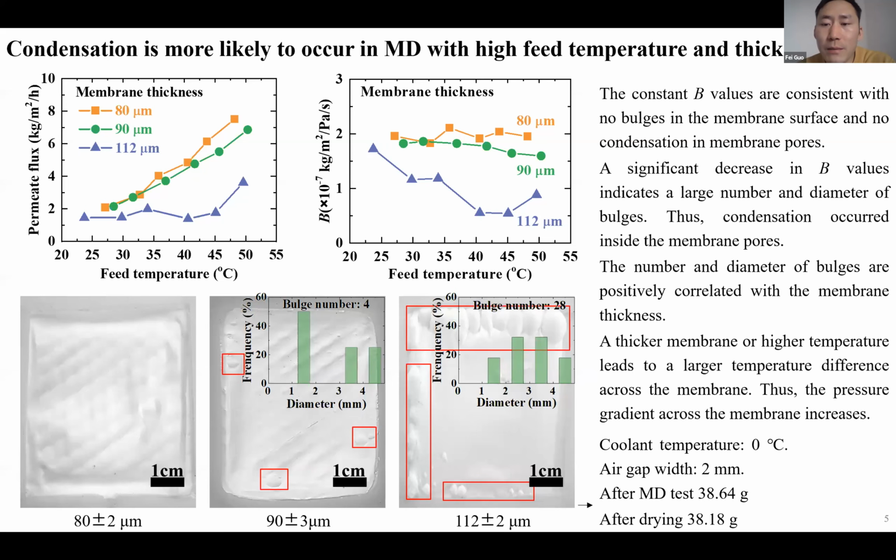This is because thick membranes or high temperature lead to a large temperature difference across the membranes, so the pressure gradient across the membrane increases. That may lead to condensation inside the membrane pores.